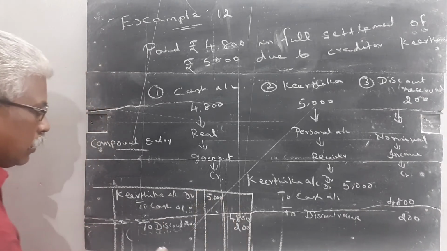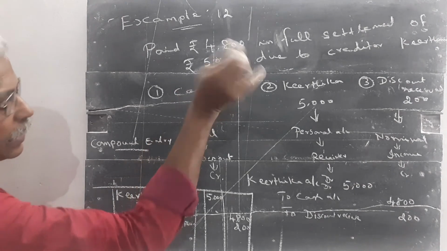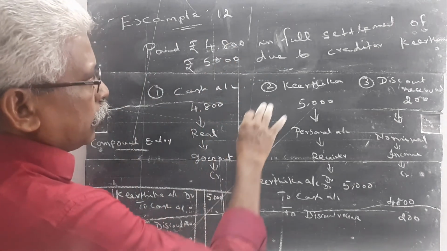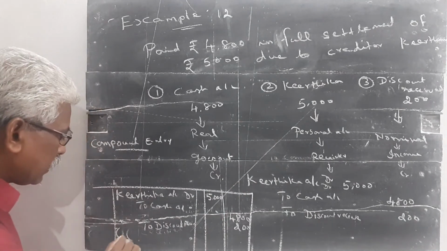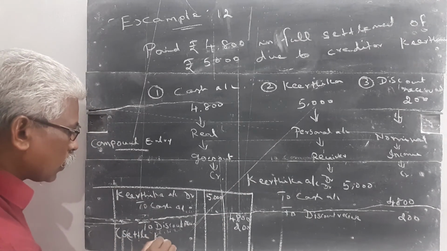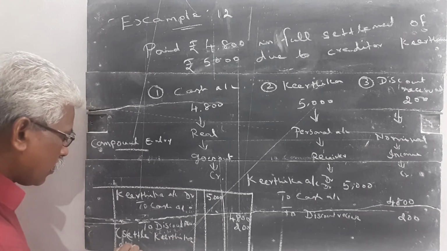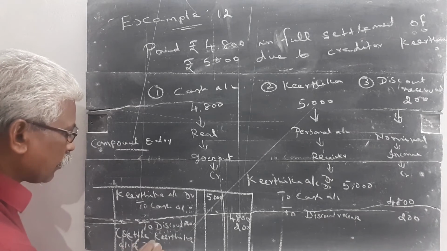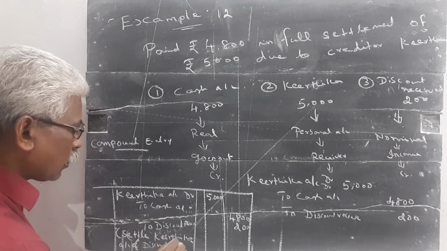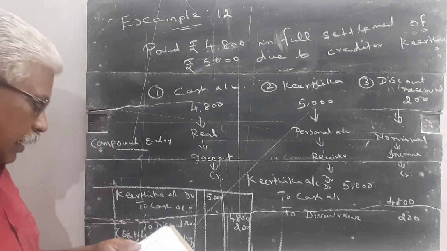Thus it is tallied. Then here we write, settled Kirtana account and discount received.